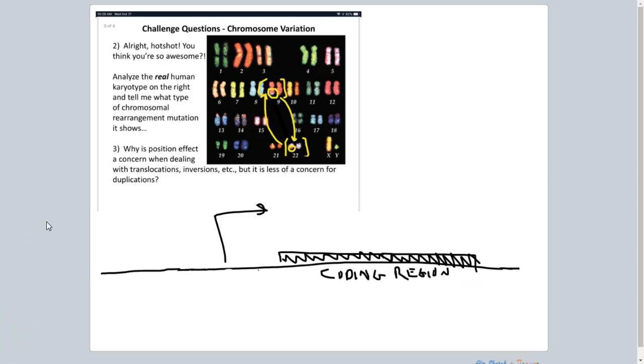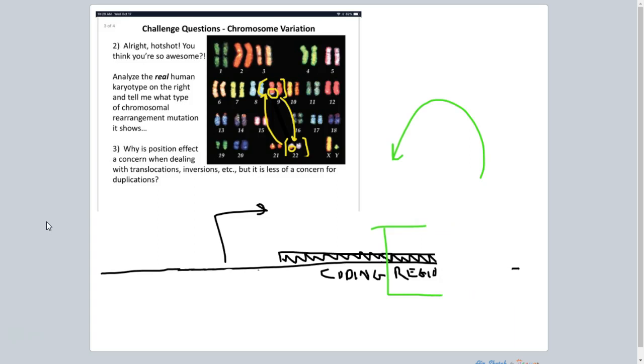But now let's imagine an inversion. And actually, let's do an inversion of pretty much the same region. So remember, an inversion means that the piece that's being inverted pops out, flips over 180 degrees or completely upside down, and then pops back in. So let's try to imagine what that would look like.